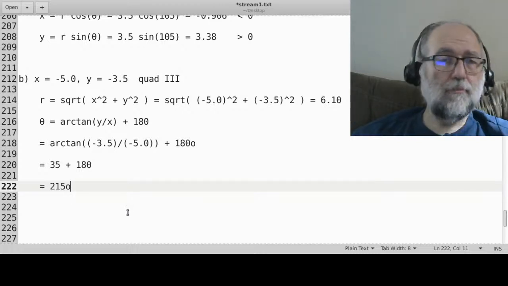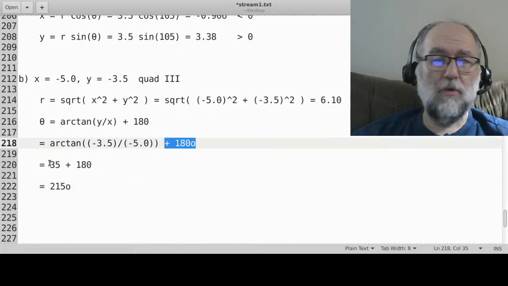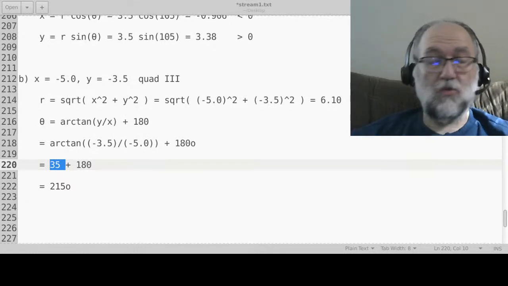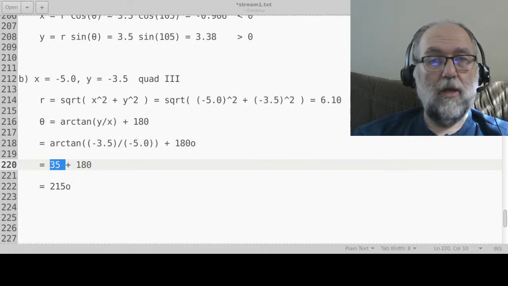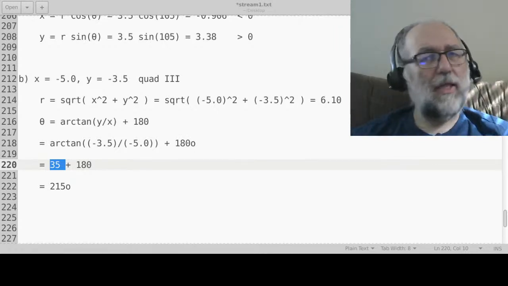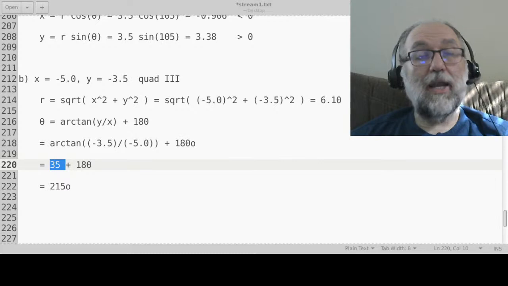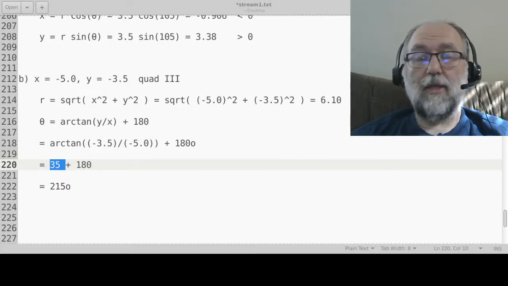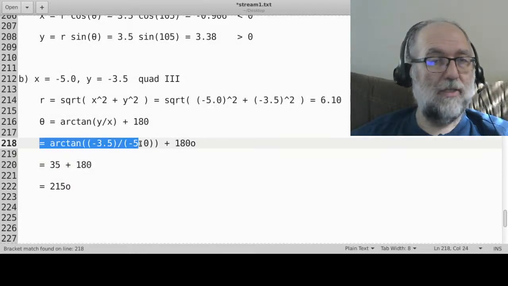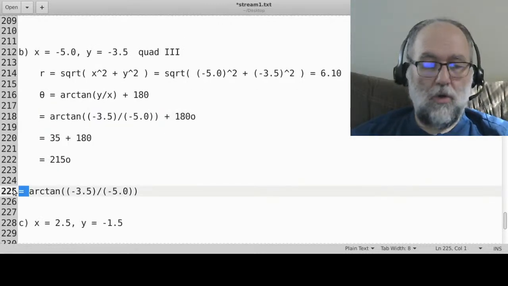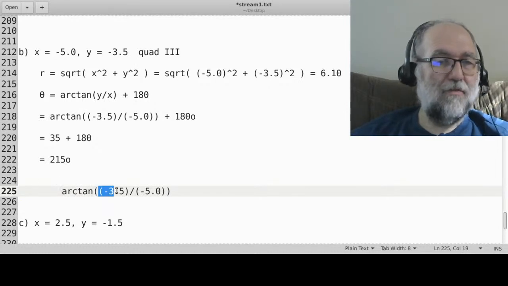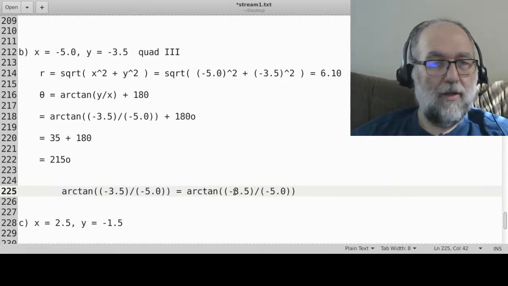By the way, if you had forgotten to write that 180, you would have just gotten 35 degrees, and that's wrong. 35 degrees is in quadrant 1 and this one's in quadrant 3. And so you say, well, why doesn't my calculator know to add in that 180 because it's in quadrant 3? Well, your calculator can't possibly know. How does the calculator know if you're doing -3.5 divided by -5, or if you're doing 3.5 divided by 5?